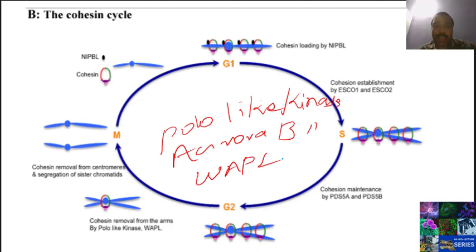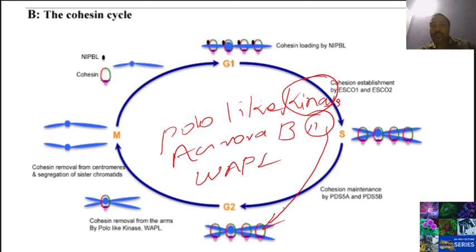As the name indicates, the kinase activity of these proteins inactivates the cohesin by phosphorylation of this protein. So polo-like kinases, aurora B kinases and WAPL proteins phosphorylate the activated form of cohesin, and by the phosphorylation process they will get inactivated.